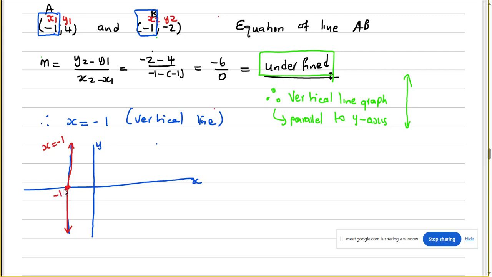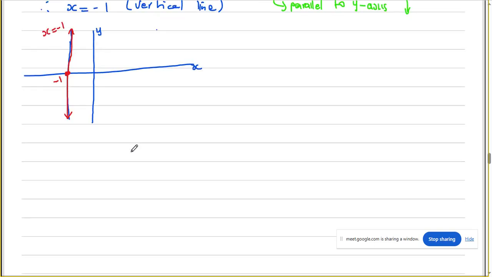Okay, right. So now let's try and determine the equation. Let's say we need to work on this one.